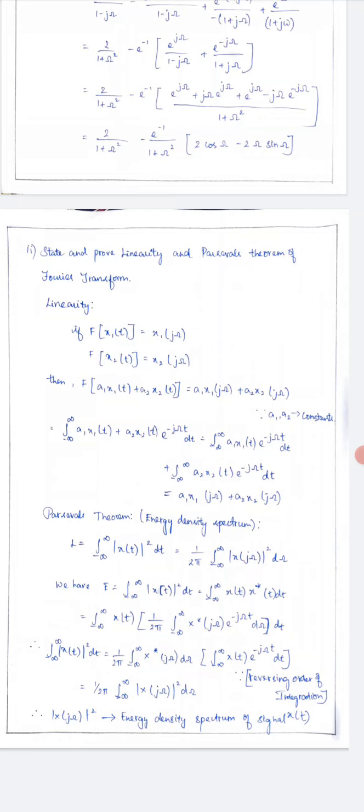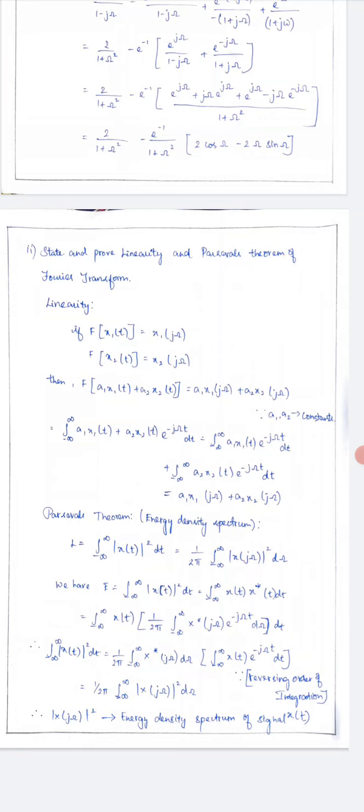By taking the Fourier transform of this, we will get a1X1(jω) plus a2X2(jω). By taking the integral for this, we will get the same a1X1(jω) plus a2X2(jω). This is the linearity theorem. We have proved it using the Fourier transform.